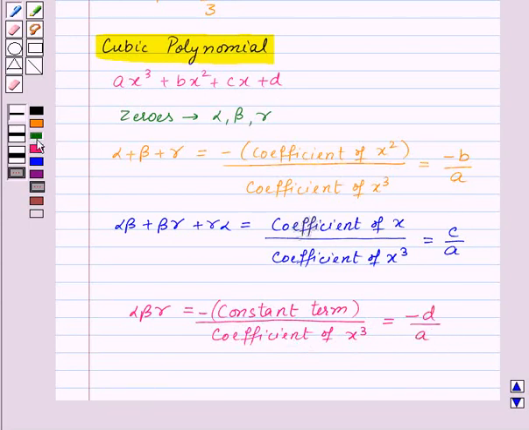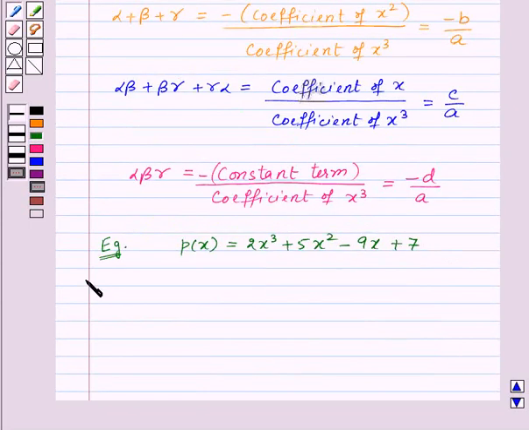Now let's take one example for this. Suppose we have a polynomial p of x equal to 2x cube plus 5x square minus 9x plus 7. Then alpha plus beta plus gamma will be equal to minus b upon a, that is minus 5 upon 2.